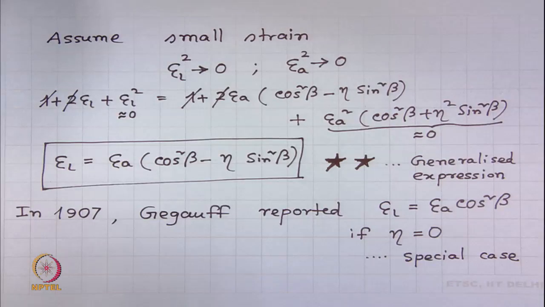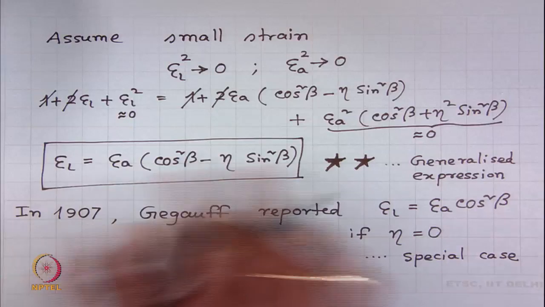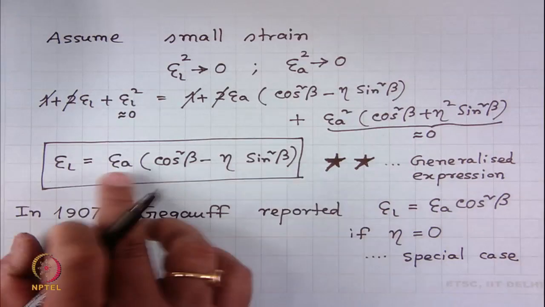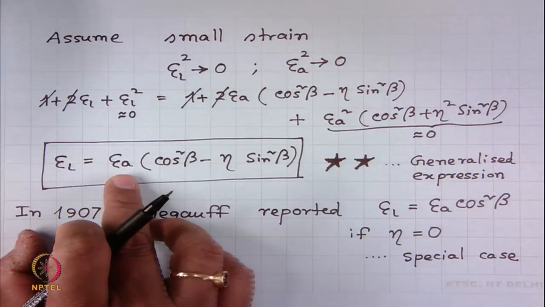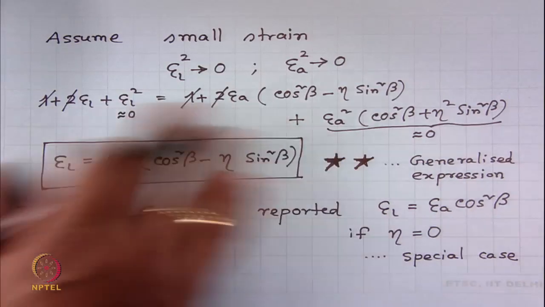If we know contraction ratio, twist angle, yarn axial strain, we will be able to predict fiber strain using this relation.